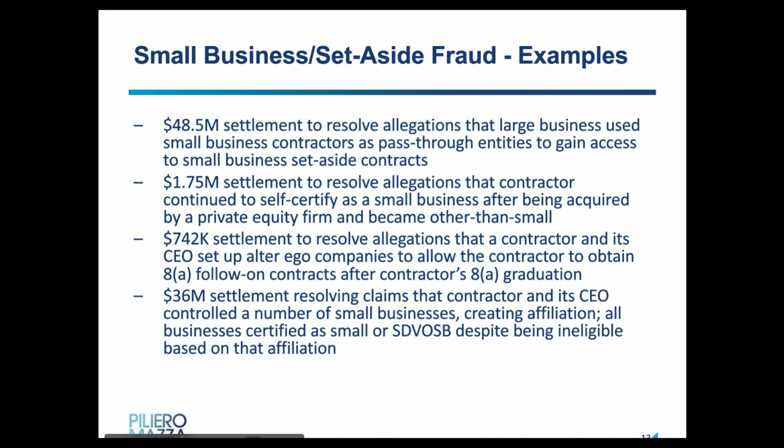And lastly, well, but on that $742,000 example, I think there are degrees of severity to everything. And I think I'm familiar with this case, and essentially what the original prime contractor that had graduated from the 8A program was doing was reaching out to 8As and essentially taking over the company.